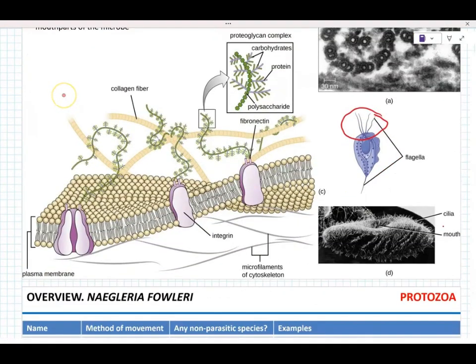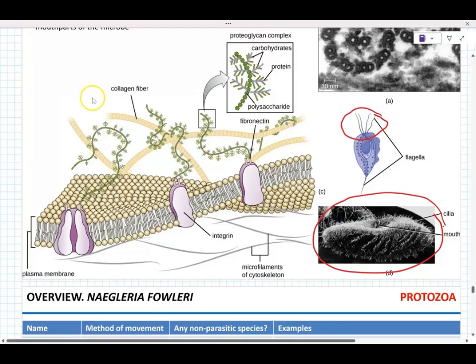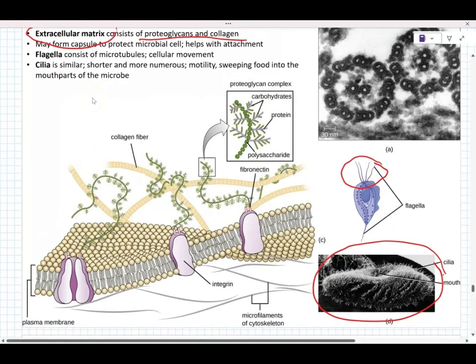Cilia are structurally similar to flagella, but they are much shorter and more numerous, while serving the same purpose, movement. Either moving a microorganism or moving food into the part of the organism that actually eats it. Okay, sounds good?